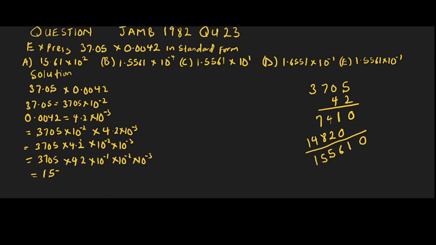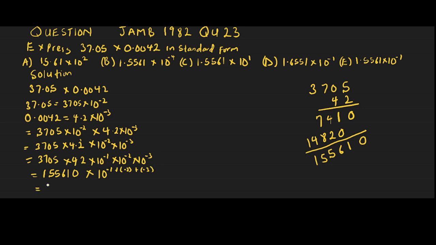So we have 155,610 times. Now here, they all have the base of 10. This is 10 raised to power minus 1 plus minus 2 plus minus 3. Applying the rule of indices, they have the same base, so we add the powers.